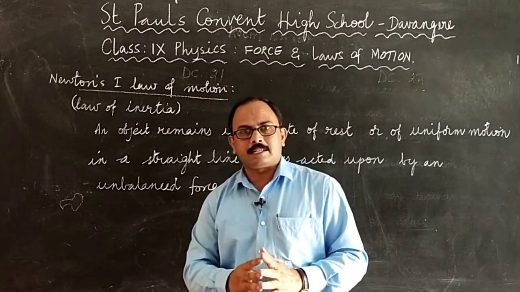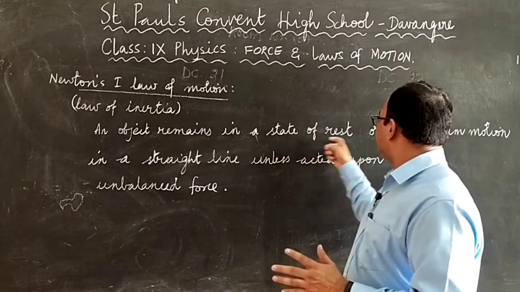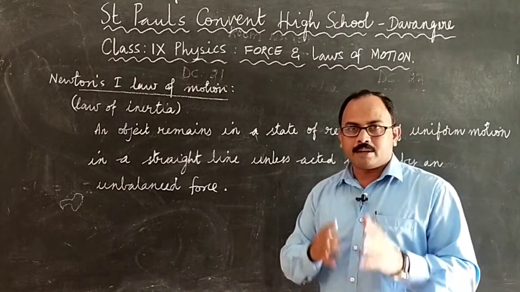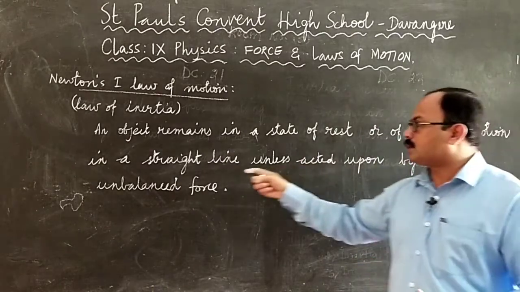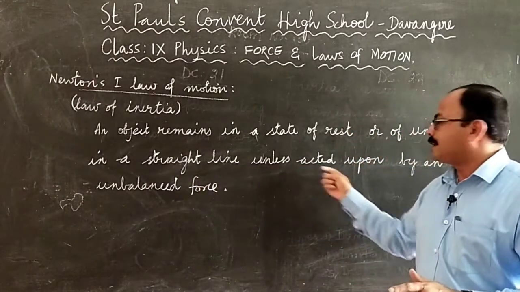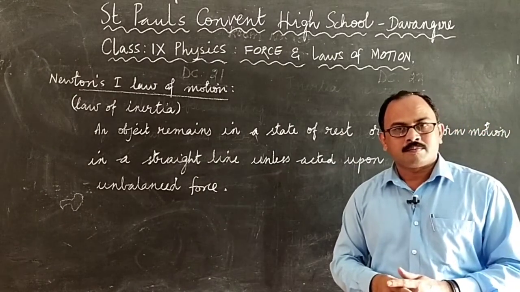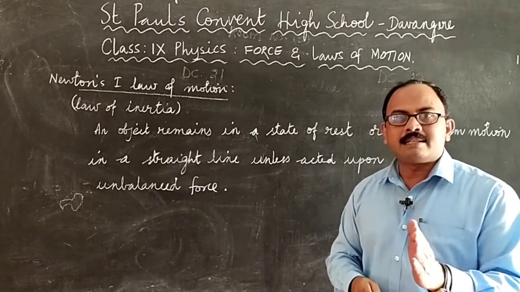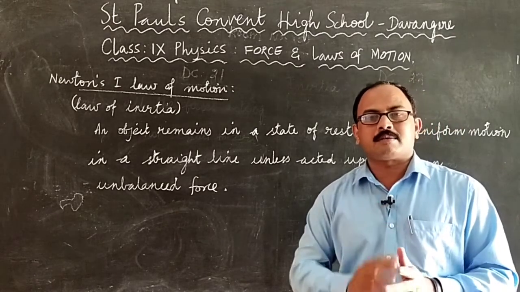The first law says, an object remains in a state of rest or of uniform motion along a straight line unless acted upon by an unbalanced force. If the object is at rest, it will continue to be at rest.